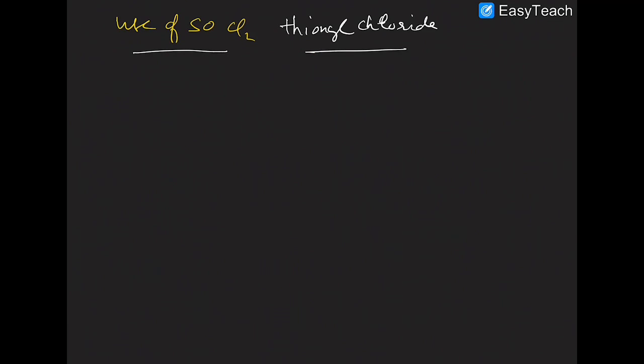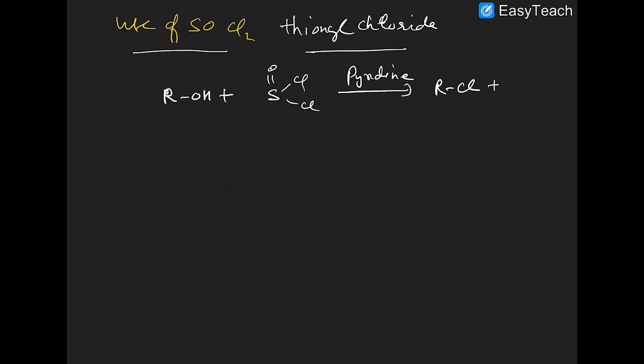Now what happens here is that if you take an alcohol and react it with thionyl chloride, and that should be in pyridine, then you have the formation of alkyl halide along with evolution of SO2 and HCl.